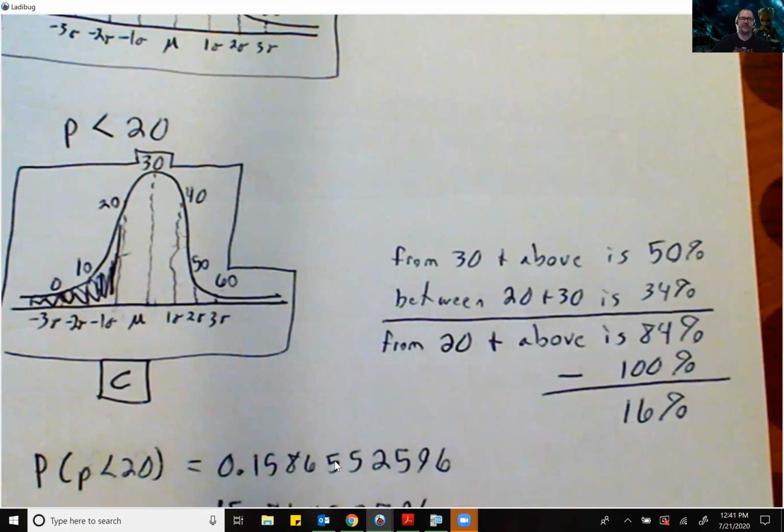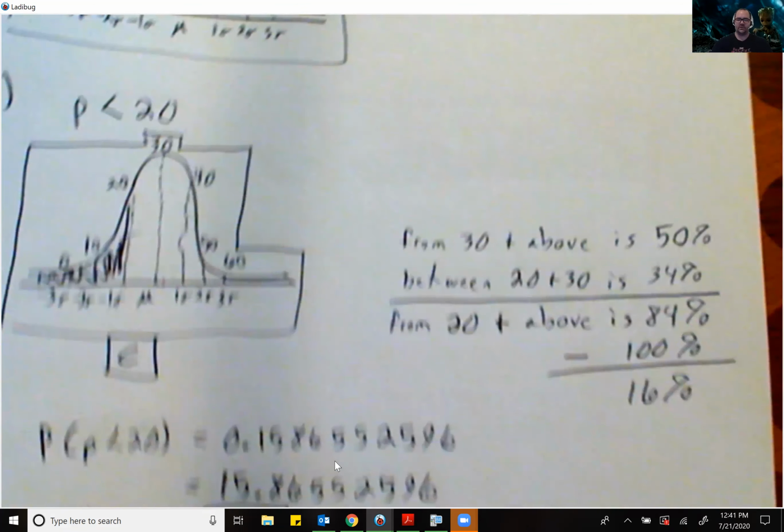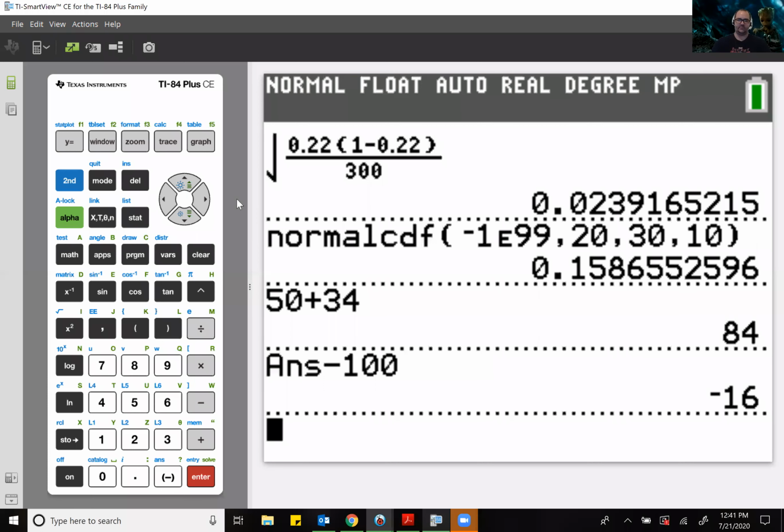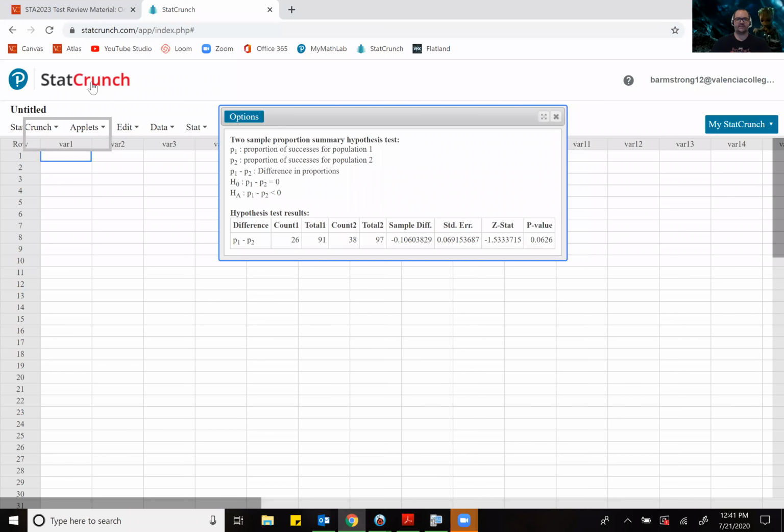Okay. If we did this on StatCrunch, just so you know, StatCrunch will give you the decimal, it won't be the 16%. Let's go to StatCrunch. Oops, wrong one. We can just get rid of that stuff.